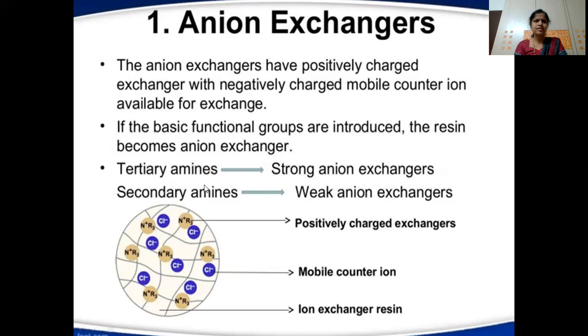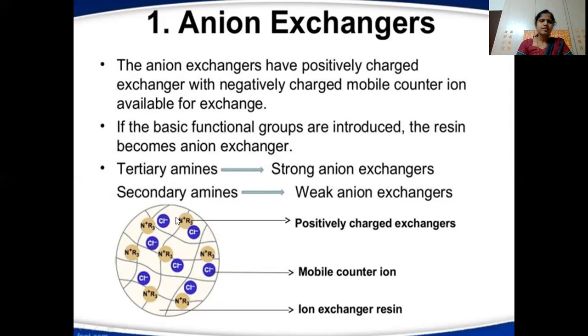Now here you can see this is a resin. Anion exchangers are actually positively charged exchangers. So here you can see N+R3, a tertiary amine: three alkyl groups attached to nitrogen, which is carrying a plus charge because it is also associated with Cl minus.